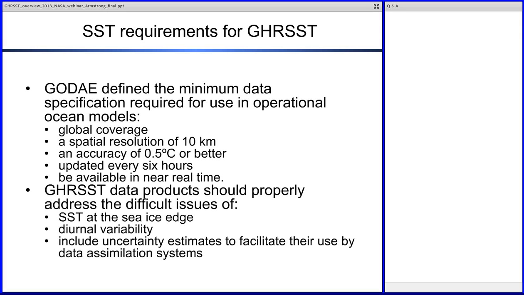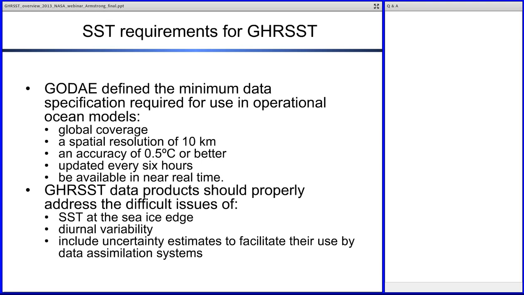Essentially that activity was asking the SST community for improved SST information from satellites with the requirements of global coverage, spatial resolution of better than 10 kilometers, accuracy better than 0.5 degrees Celsius, updated every 6 hours, and of course available in near real time. So those are the requirements that drove the initial GHRSST data sets, and certainly we have many data sets that actually exceed those requirements, including improved spatial resolution as well as accuracy.